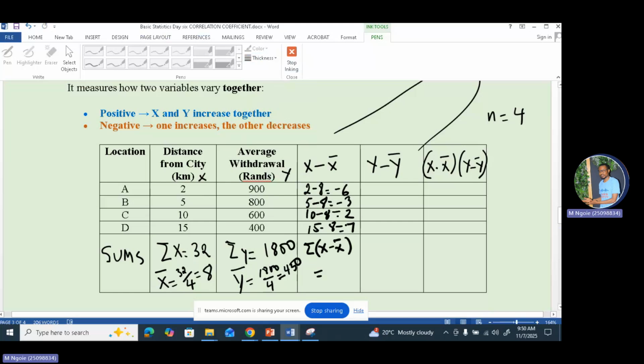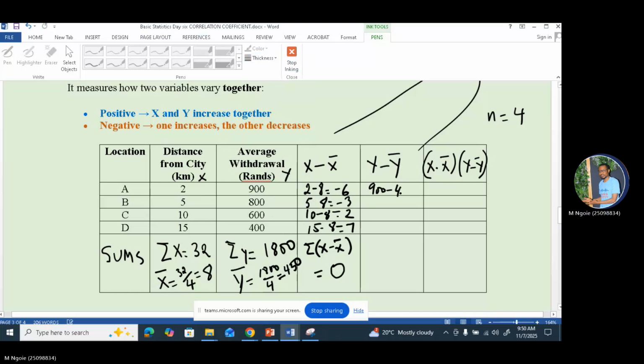That's gonna be negative 6, negative 3, plus 2, plus 7. We get 0 here, right?